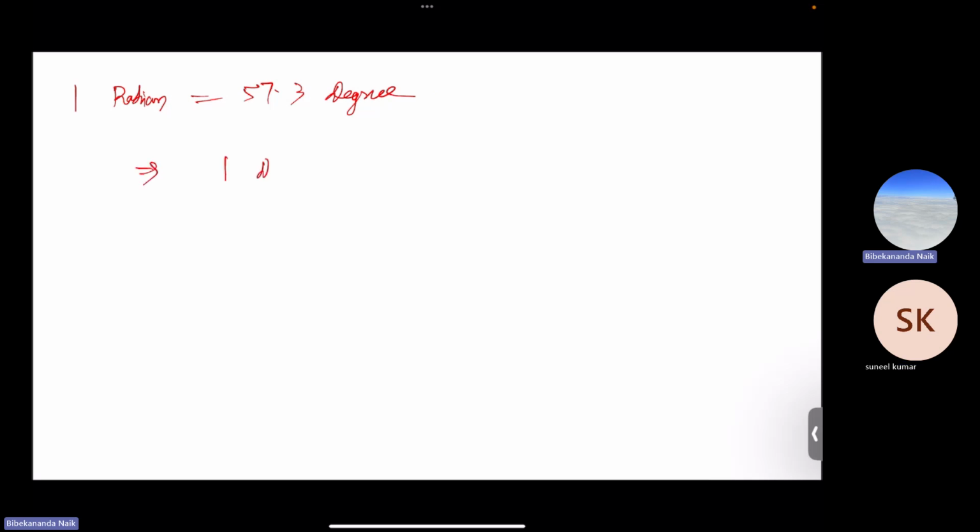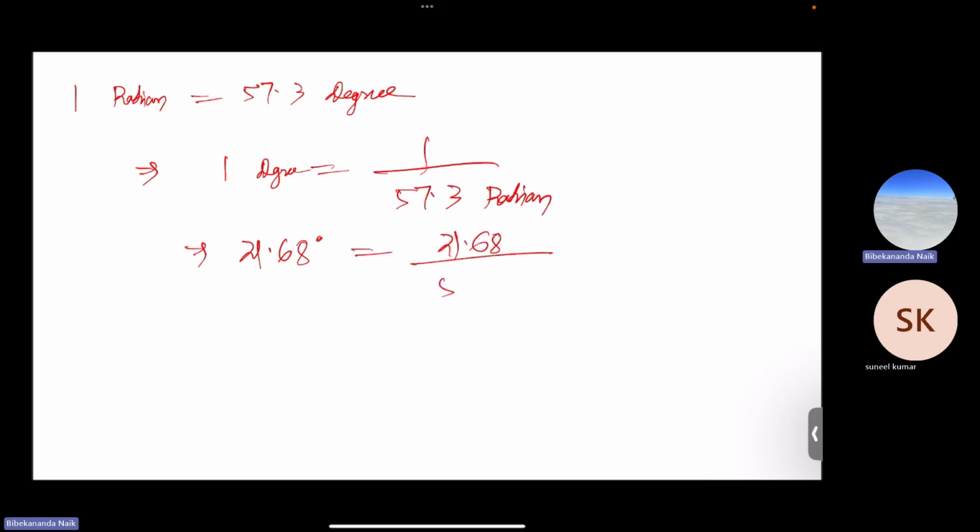So 1 degree will be 1 by 57.3 radian. Then 21.68 degree will be 21.68 divided by 57.3 radian.